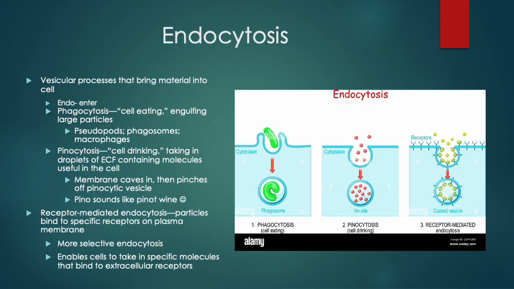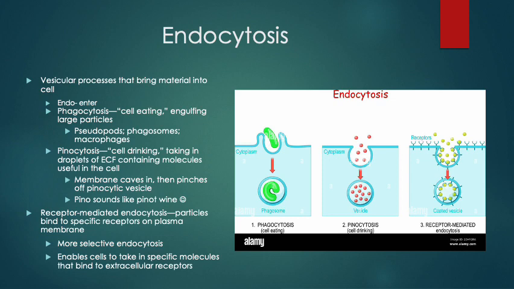And then we have receptor-mediated endocytosis, which can be taking in anything when it's using receptors. Particles bind to specific receptor sites on the membrane, and then the membrane bubbles around it and pulls it in. If you look at these pictures, you can see how the membrane bubbles around and engulfs things. These are all parts of the membrane's job.